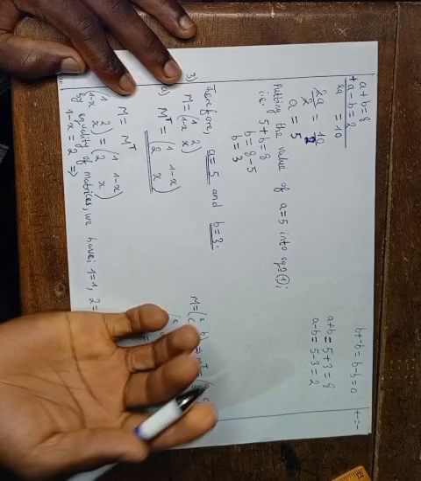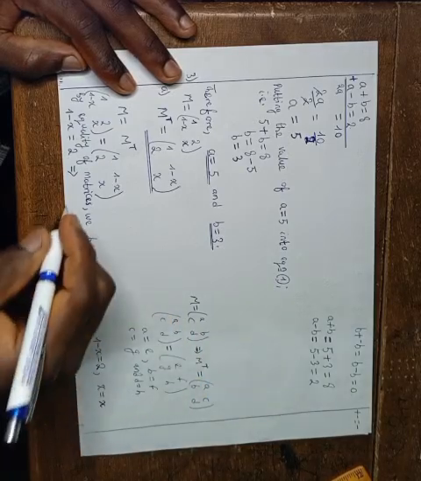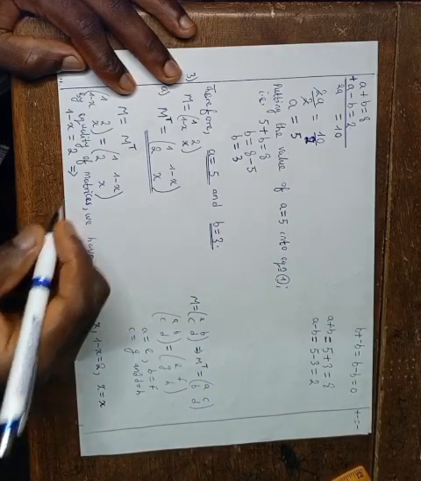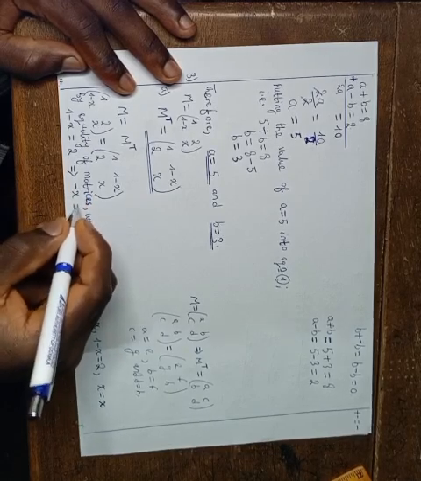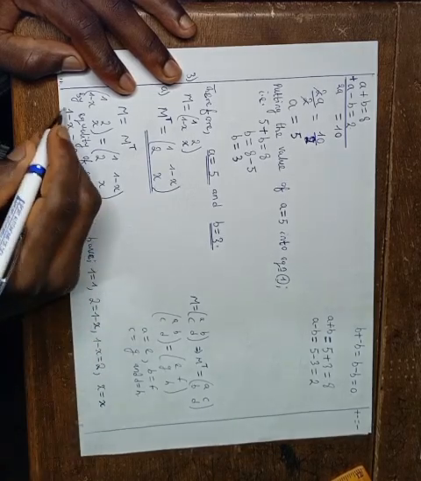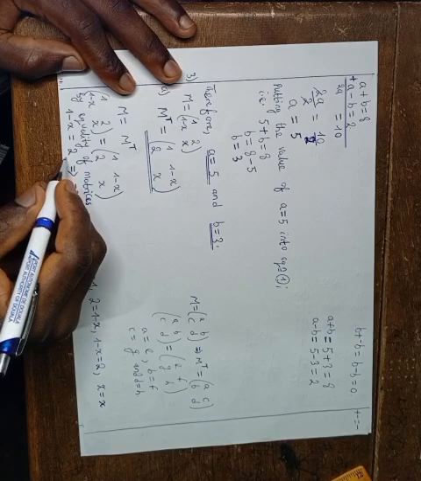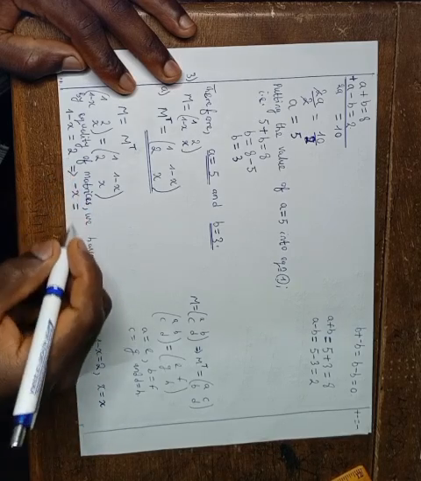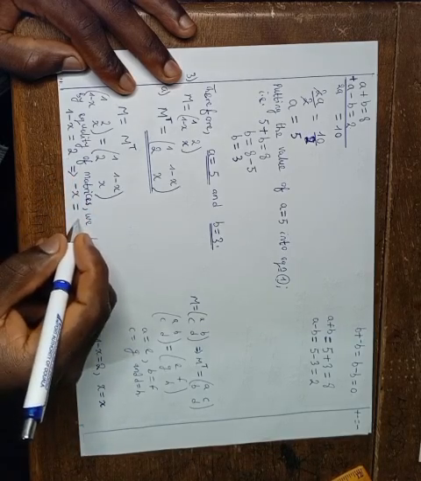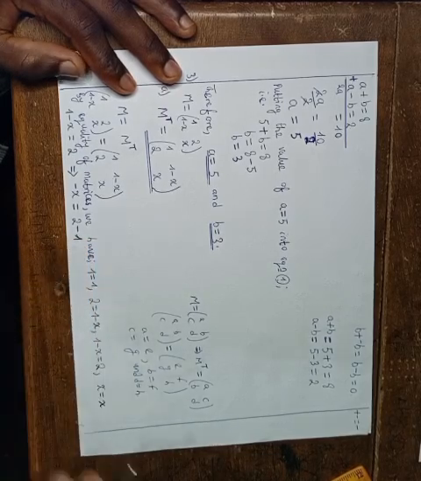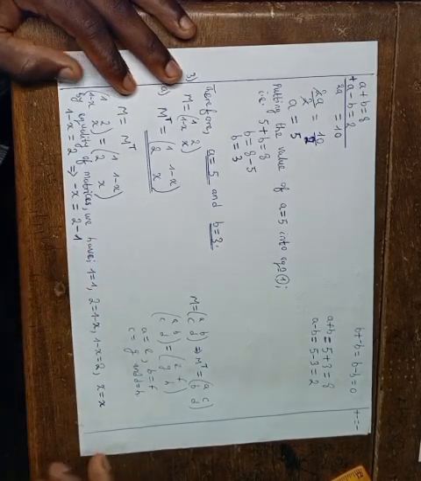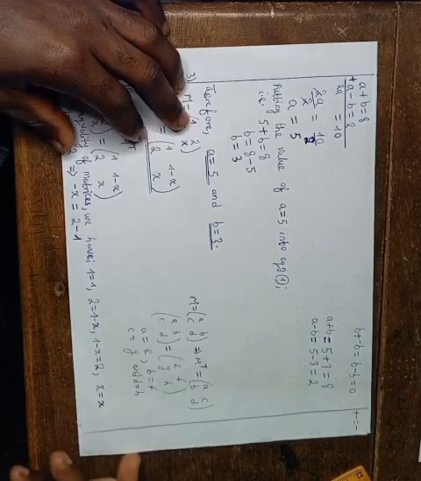Then for us to get the value of x, we are going to make x the subject of formula. So we are going to keep negative x here at the left hand side. Then we transfer 1 to the right hand side, which becomes negative. So this will give us negative x is equal to 2 minus 1. Next, let's continue.